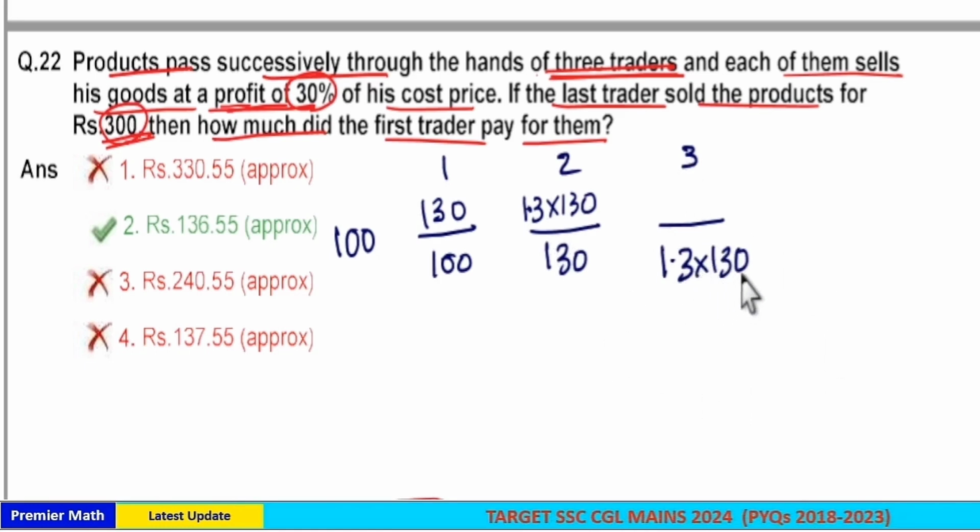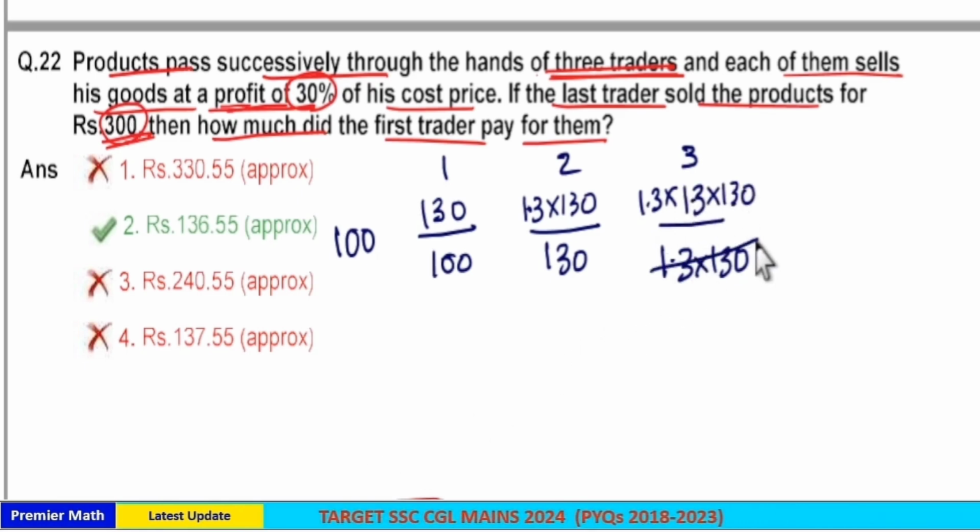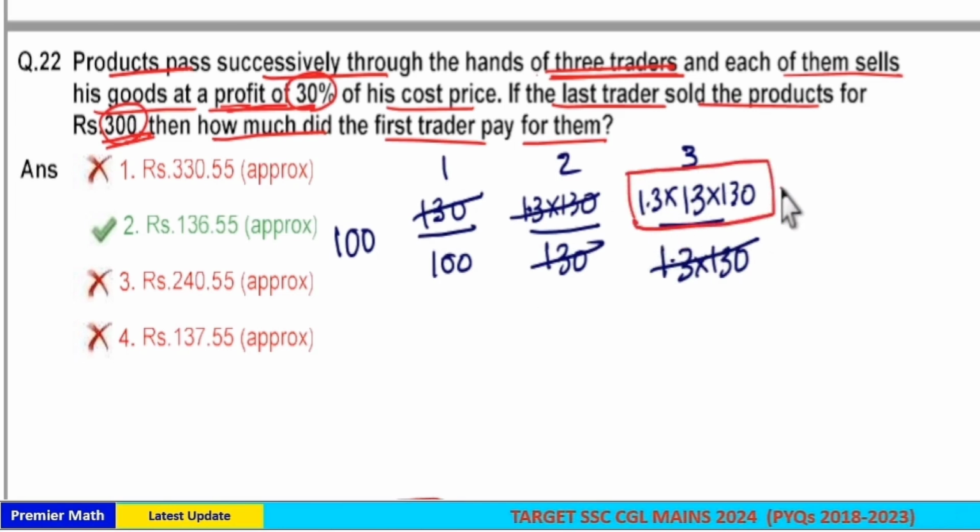Now he also sold it at 30%, which means 130% of cost price. 130% means 1.3. So 1.3 into cost price is 1.3 into 130. Now you can see here these two cancel, these two cancel. Now this 1.3 into 1.3 into 130 is the final sell price.